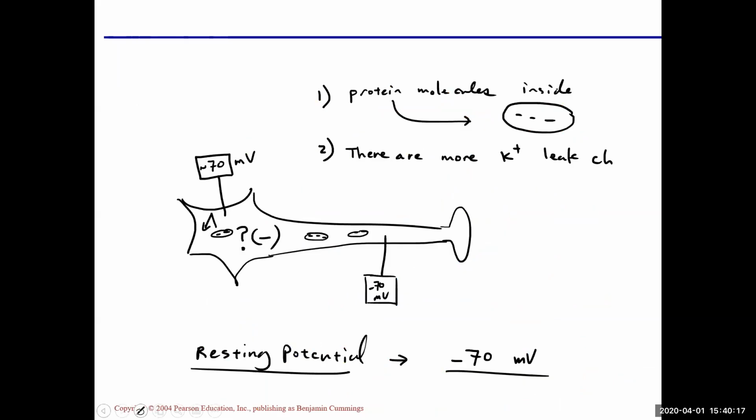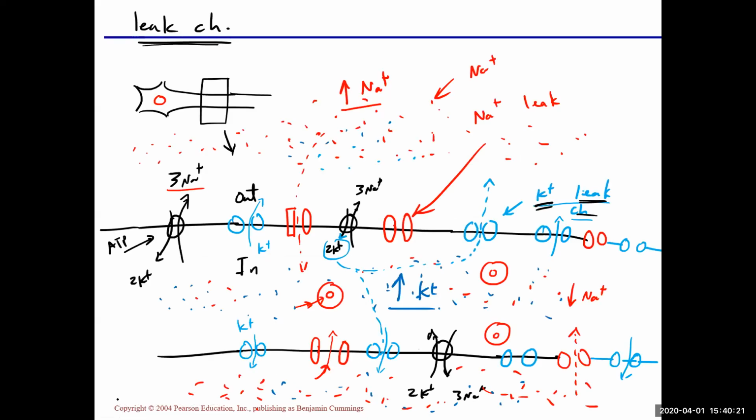So if there are more potassium leak channels, rather than just memorizing them, what does it do? More potassium is going to be leaving, because outside you have a lower amount of potassium. Potassium is a positive ion. When more positive is leaving the cell, what's going to happen inside?